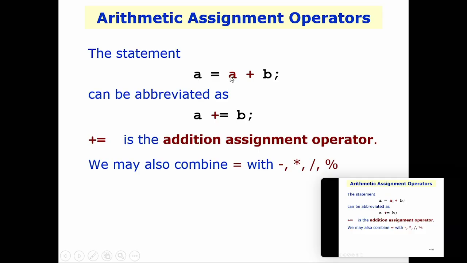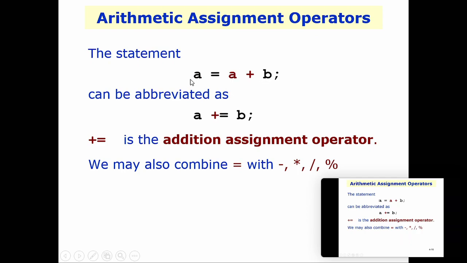Okay, then this is the initial full statement. A equals A plus B. And then, let's assume that A is 1, B is 2. Then this is 1 plus 2.